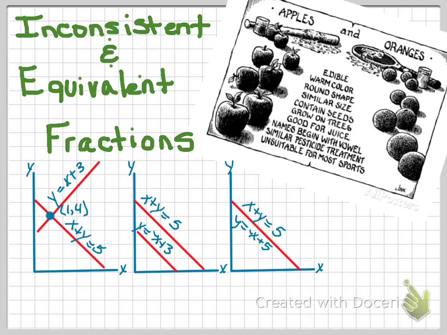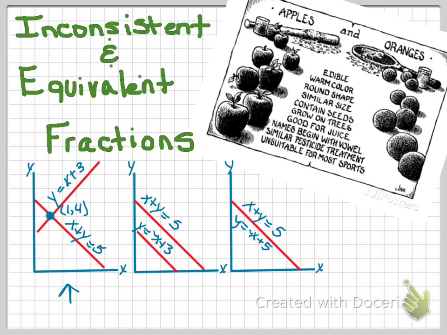Basically what we're going to learn is that there are three things that can happen when we have a pair of linear equations with two variables. When we have equations that have exactly one solution, which is what we've been working on so far, their graphs intersect at a single point, like this one here.